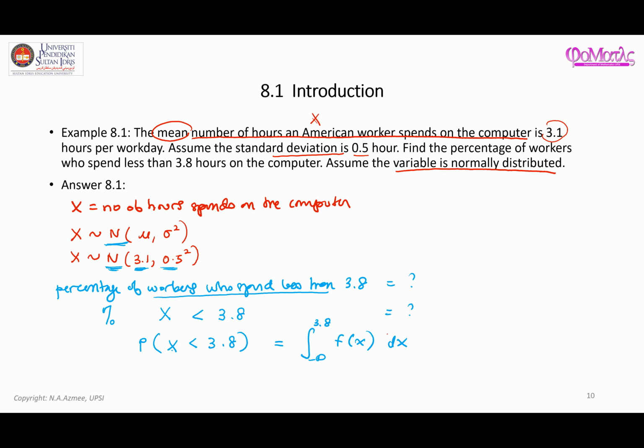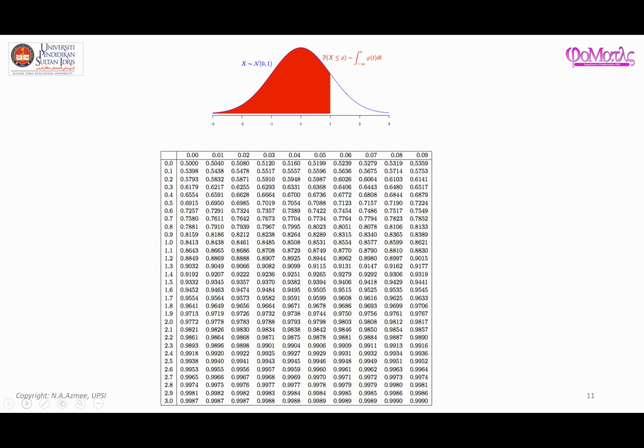By right, this is what you are supposed to do, and it's going to be cumbersome and difficult, but that's why other people created what we call the standard normal distribution table, so we don't have to do that process anymore. The standard normal distribution table is a specific distribution where mu is 0 and sigma squared is 1.